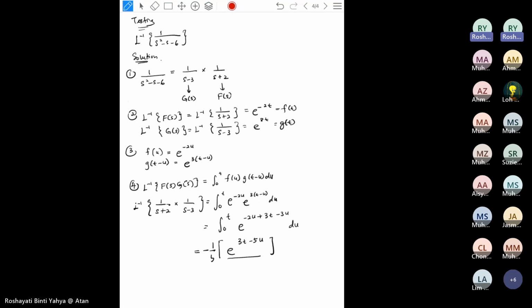Okay, boleh so far? From 0 to t, so negative 1 over 5 exponential 3t minus 5t minus exponential 3t minus 5 times 0.